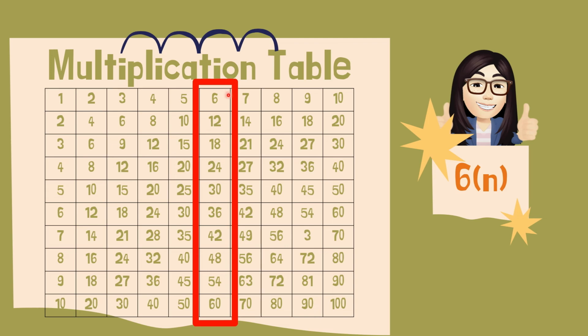For the next sequence, 6, 12, 18, 24, 30, 36, 42, 48, 54, and 60, the common difference is 6. So we are going to use the rule 6n or 6 times n, where n is the position of the term.